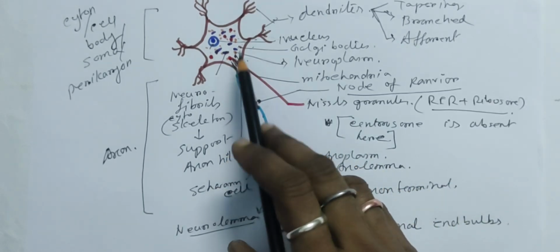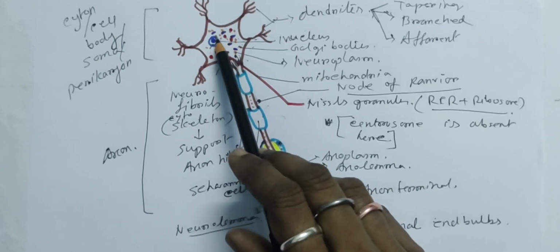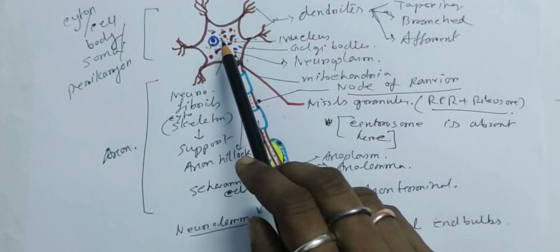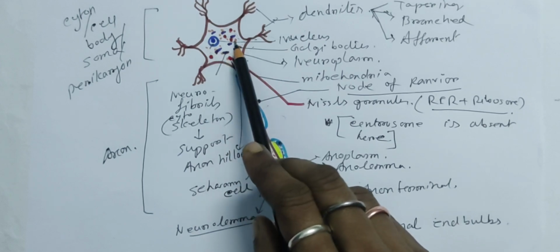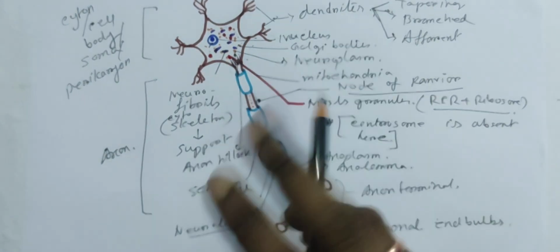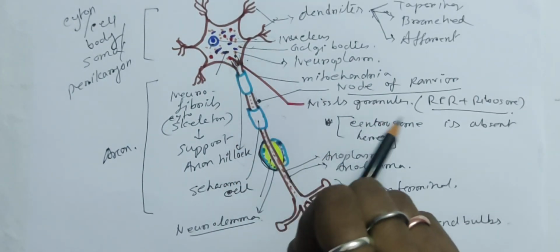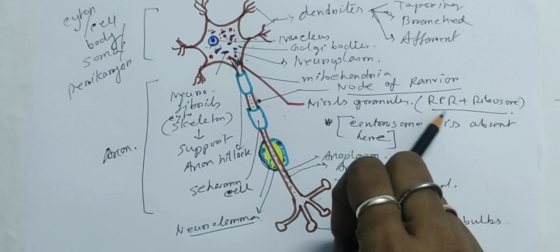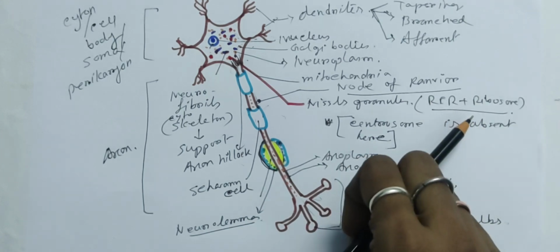At the junction of cell body and axon there is the axon hillock, and the cytoplasm inside the cell body is called the neuroplasm. It has a nucleus, Golgi body, mitochondria, and the two important characters, the Nissl's granules, which are the site of protein synthesis and contain rough endoplasmic reticulum and ribosomes.